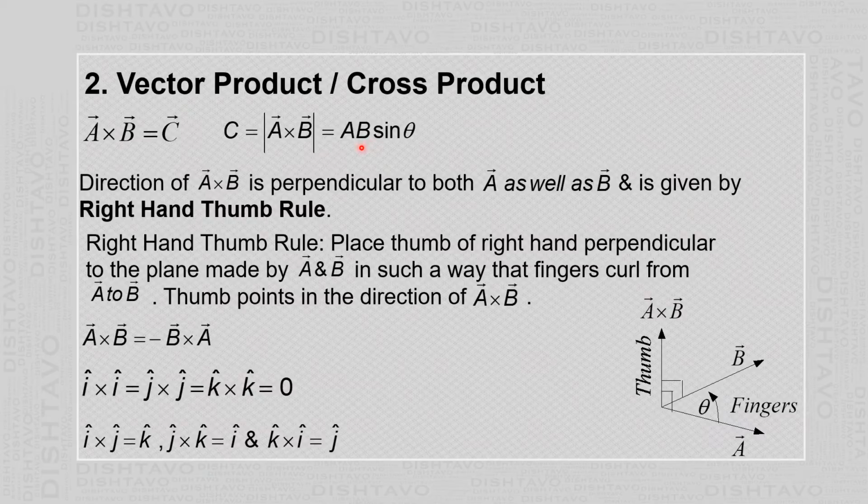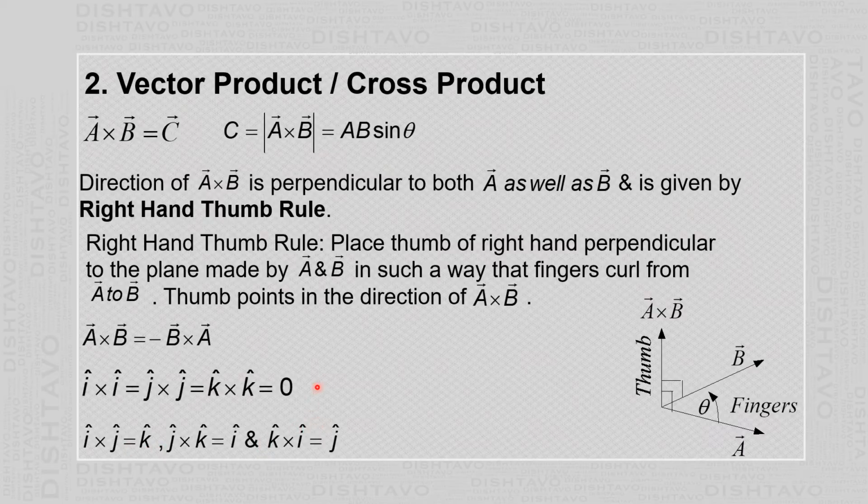So the value here is 1, but its direction you can find using the right hand thumb rule, and if you use it you will find that it is along the positive z axis, that's why it is k cap. Similarly J cap cross k cap equals I cap and k cap cross I cap equals j cap. So it is cyclic.